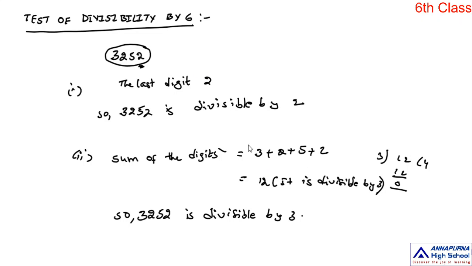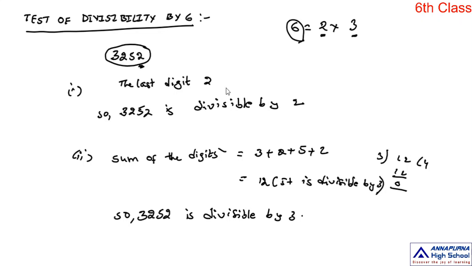Because 6 can be written as 2 into 3. Here it is divisible by 2 and 3 also, so the number is also divisible by 6. That's why we check divisibility by 2 and 3. These two divisibility rules are true, so the given number is divisible by 6.